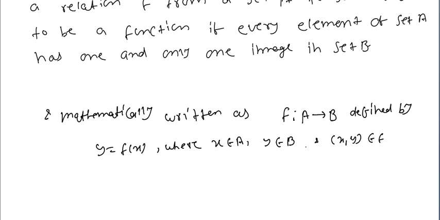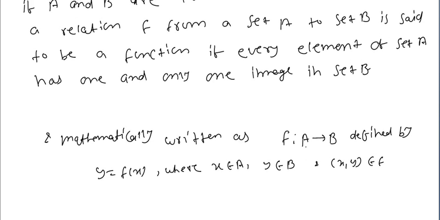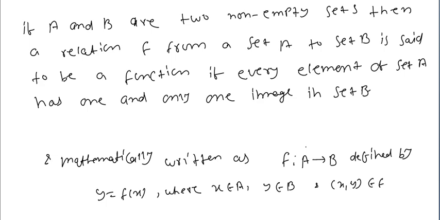That is a relation R from two sets. If A and B are two non-empty sets, then the relation f from set A to set B is said to be a function if every element of set A has one and only one image in set B. Then we say that the given relation is a function.